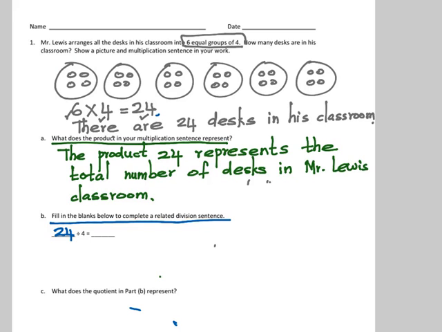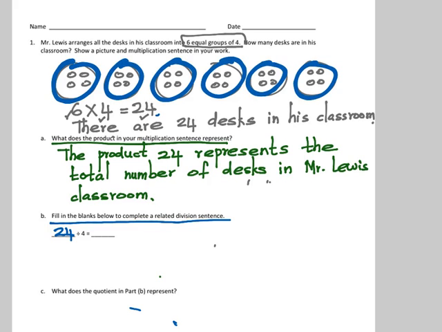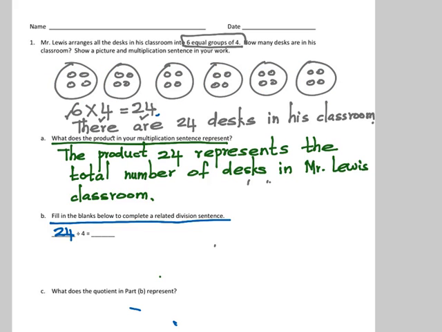So how many groups did we get? We got 1, 2, 3, 4, 5, 6. So we got 6 groups, right? So let us write 6. Total 24 divided by 4 equals 6.